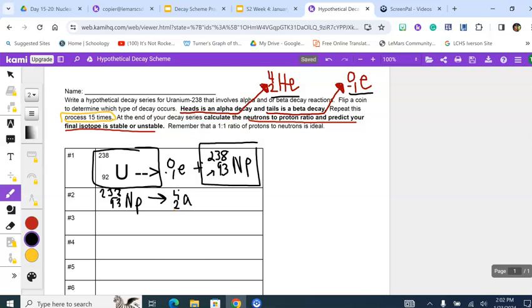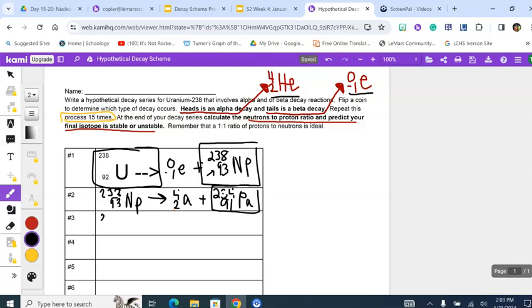Now I'm going to do the math. 238 minus 4 is 234. And then I'm going to subtract 2, which is going to be 91. And that element at 91 is Pa. That's my second daughter.